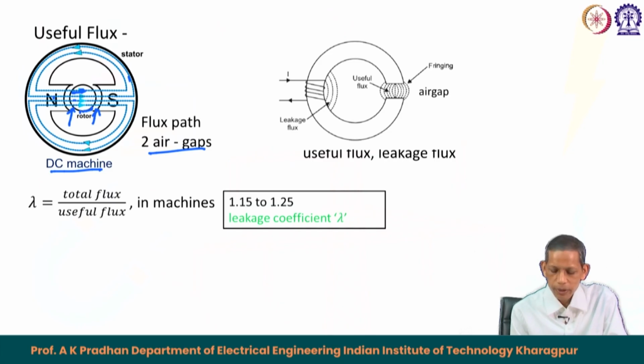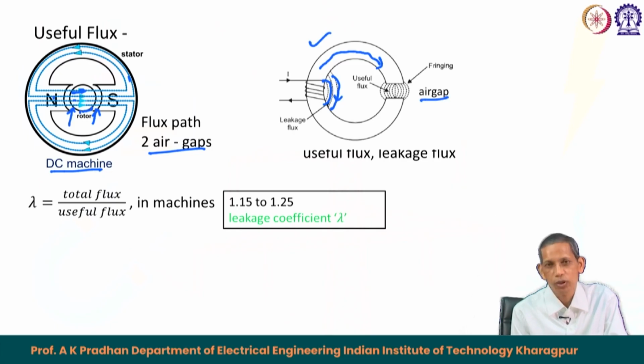What we observe in magnetic circuits like this is that if the coil is concentrated here, some of the flux does not go through this one, it traverses a path like this. Thereby this flux is not confined to the core. In terms of usage, the useful flux is the flux being used in the air gap.